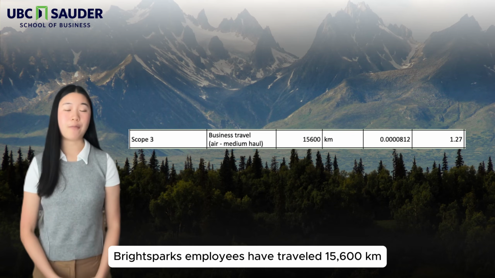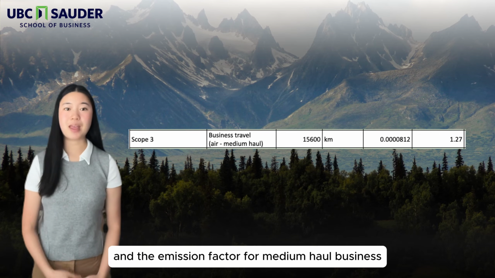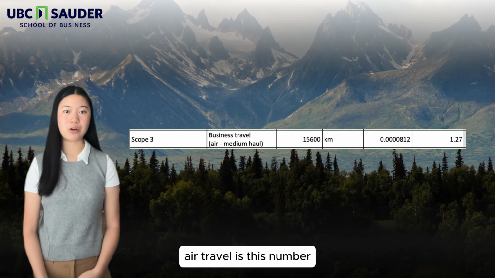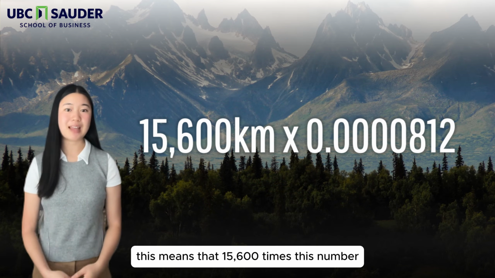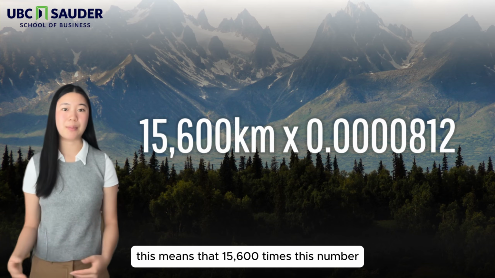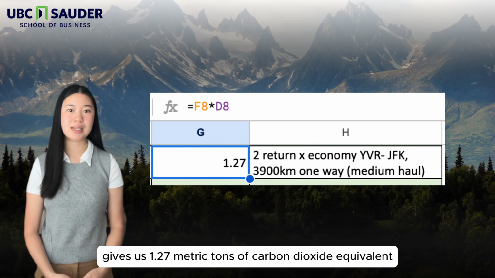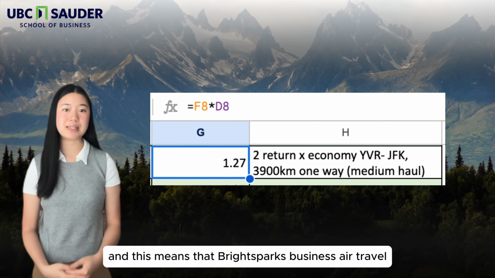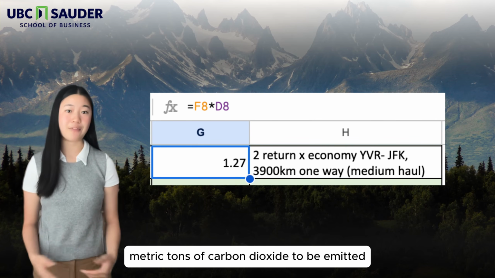BrightSparks employees have traveled 15,600 kilometers over the course of the fiscal year, and the emission factor for medium haul business air travel is this number, as you can see. This means that 15,600 times this number gives us 1.27 metric tons of carbon dioxide equivalent. And this means that BrightSparks business air travel has caused the equivalent of 1.27 metric tons of carbon dioxide to be emitted.